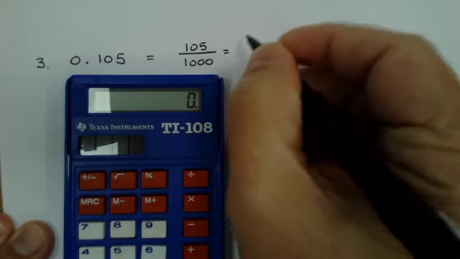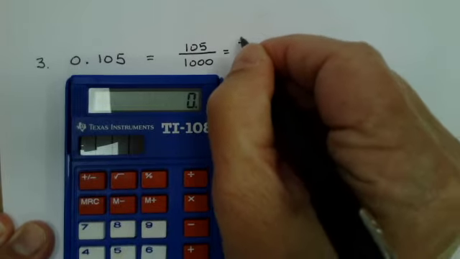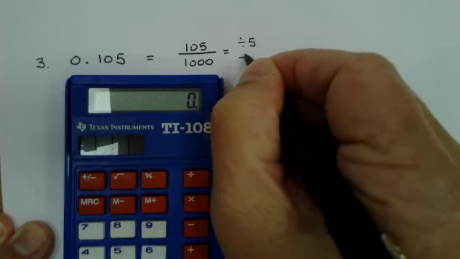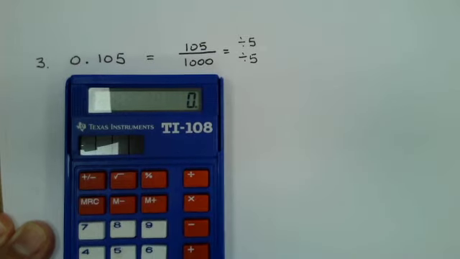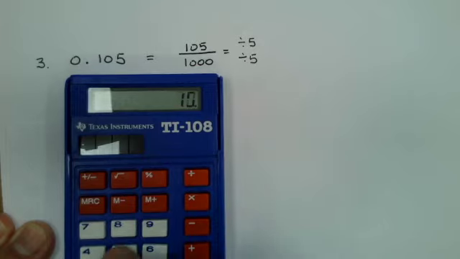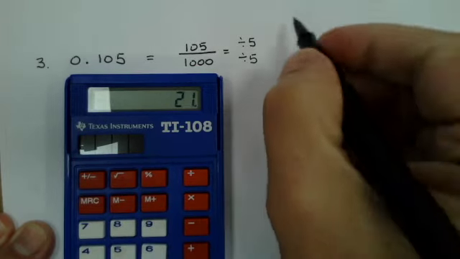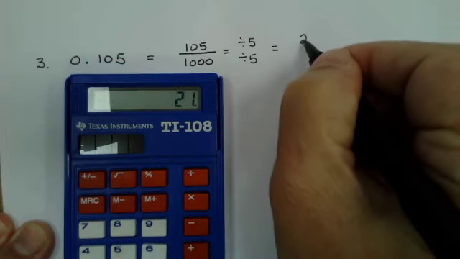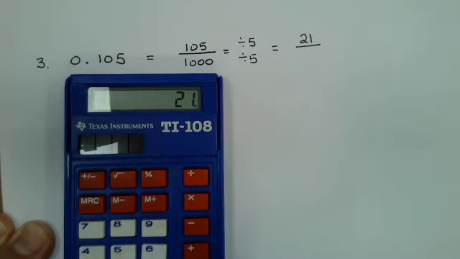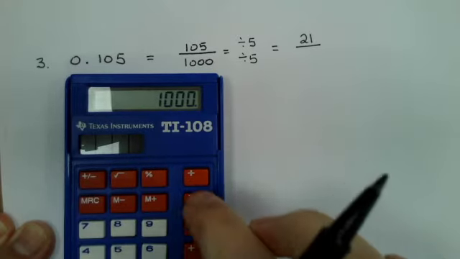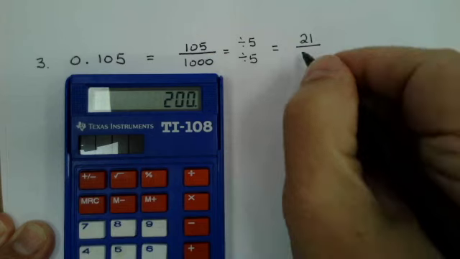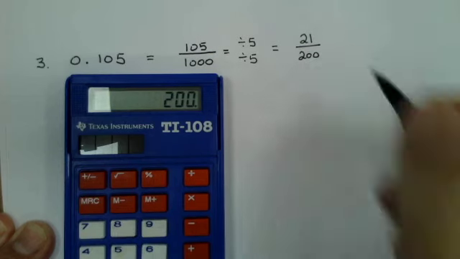I know this ends in 5 and this one ends in 0, so I'm going to start dividing the top and the bottom by 5. So 105 divided by 5 gives me 21 in the top. 1,000 divided by 5 gives me 200 in the bottom.